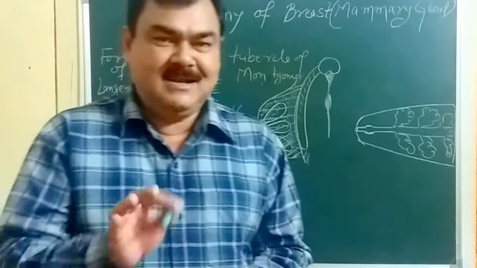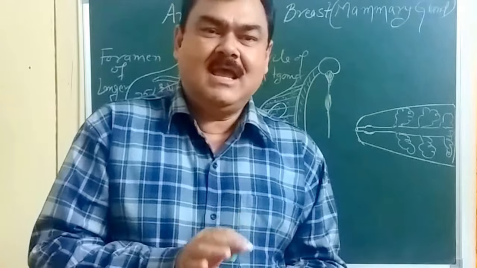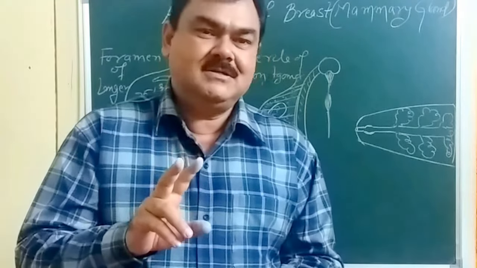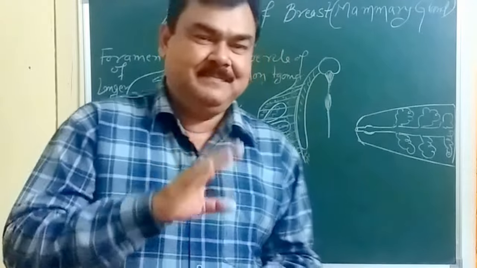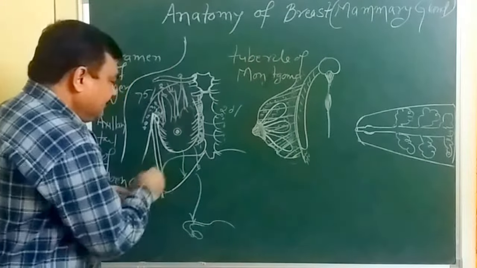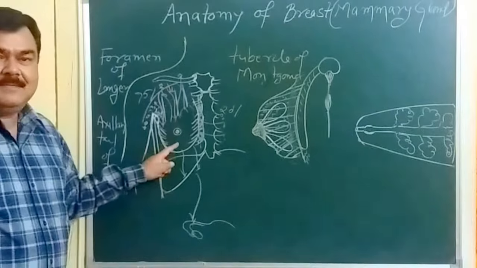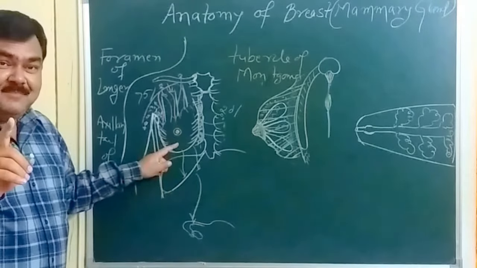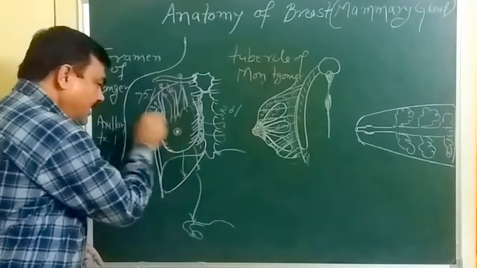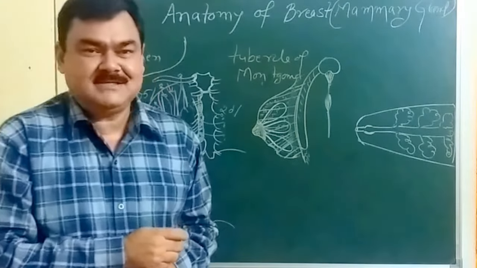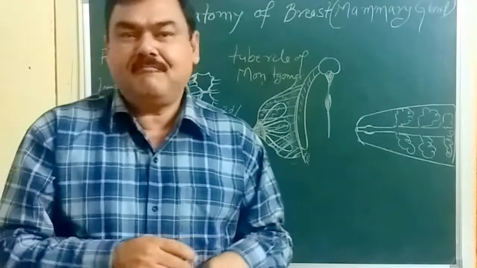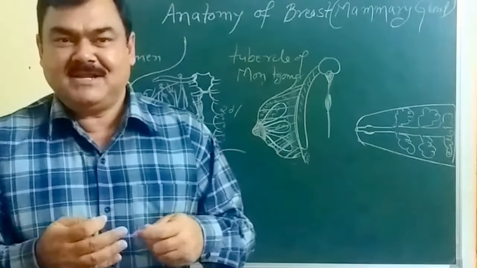Now lymphatic channels are in two sets, superficial and deep. Superficial lymphatics drain the skin except the nipple and areola. Nipple and areola drain through deep lymphatics, and before forming the deep lymphatic channel, they form a subareolar plexus of Sappey.